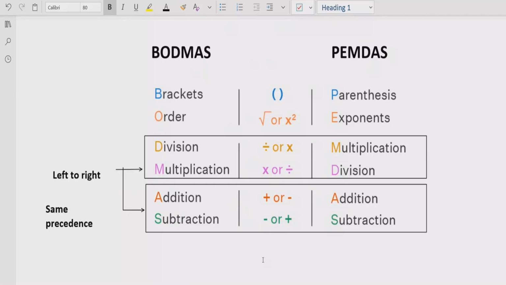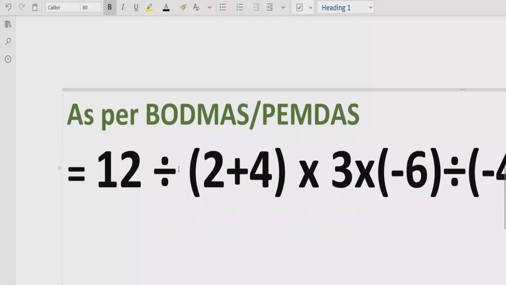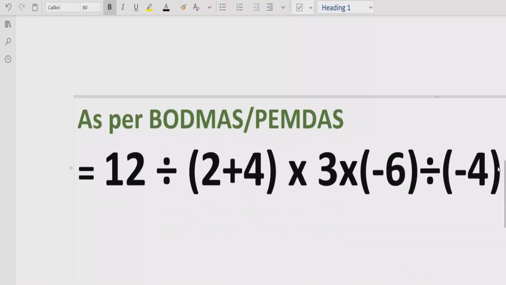If your expression contains any number which has a power, you have to solve that part. Step number 3, you have to solve division and multiplication. Both have similar precedence, so you can solve any of them which is coming first. Similarly, for addition and subtraction, we have the same rule. We can solve addition first if it is coming first, and we can solve subtraction first if it is coming first. Now move forward to solve the given expression.